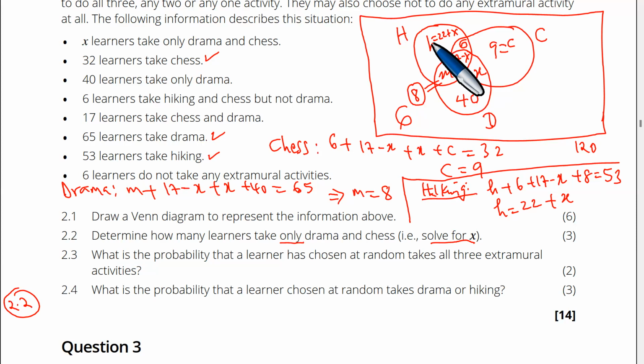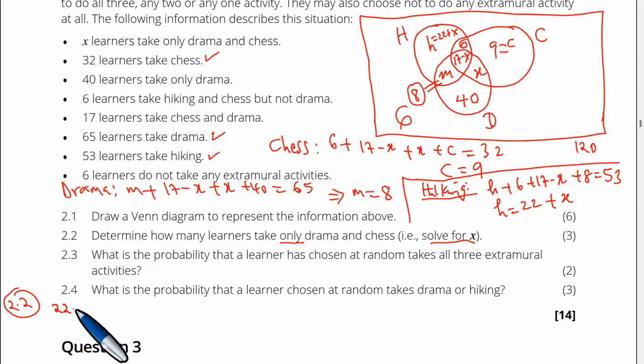So the best way to get x is to do what? Because we do not know exactly how many learners at the moment do x. That is only chess and drama, but not hiking. So normally when they ask a question like this, you need to add everything up. So we start. Okay, so it's a big sum.